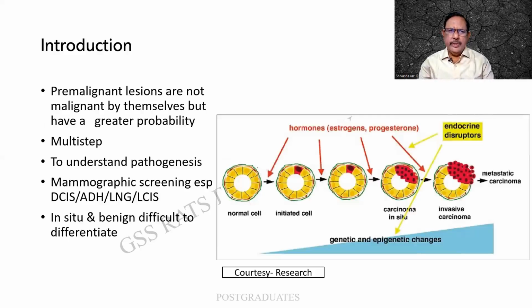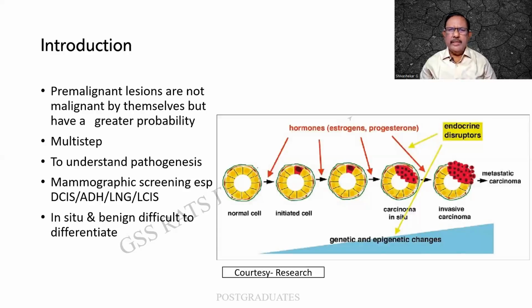Coming to the introduction, pre-malignant lesions, as the term means, are by themselves not malignant, but have a greater probability towards malignancy. And the carcinoma of the breast is a multi-step process, as you would have learned elsewhere.